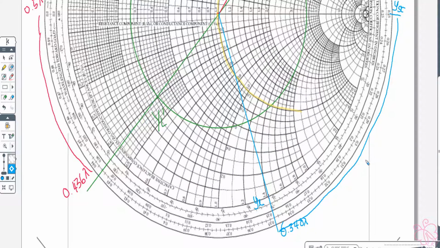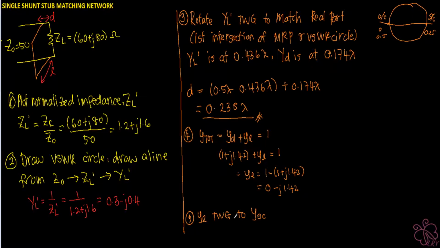This is the value of L. So YL is at 0.348 lambda, and Y short circuit is at 0.25 lambda. So in order to calculate L, it is from 0.25 to 0.348.